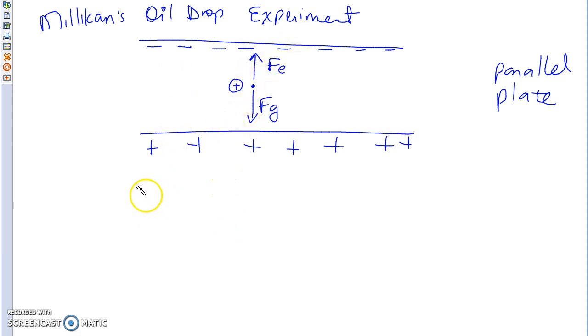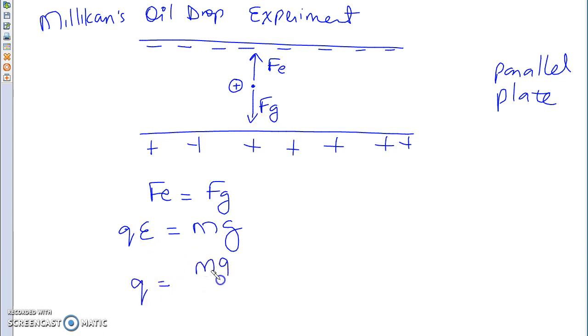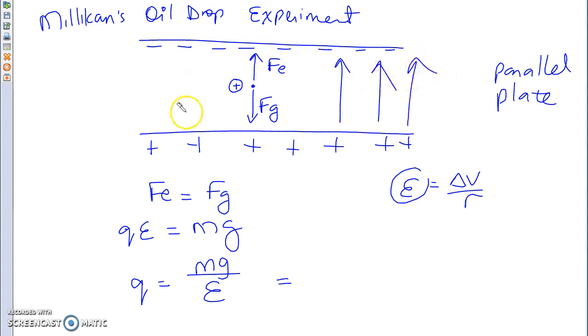Okay, and you can come up with a formula. So Fe, which equals Fg, which is Q epsilon, which equals M times G. Okay, and your Q can come out to mg divided by epsilon. And now we know epsilon equals delta V divided by R. So we can say, since this is a parallel plate, there is an electric field going from the positive to negative like so inside the parallel plate.